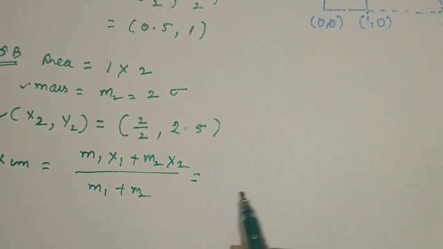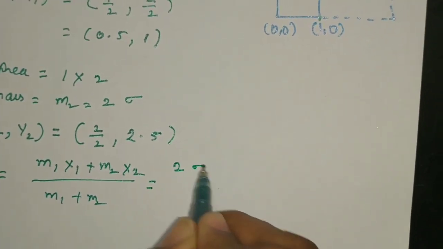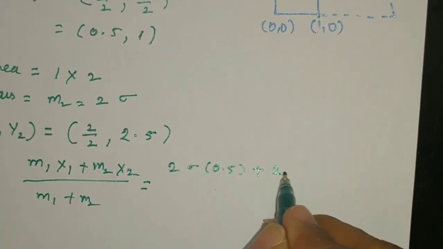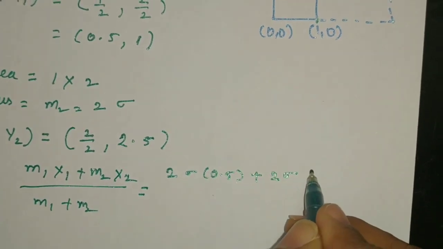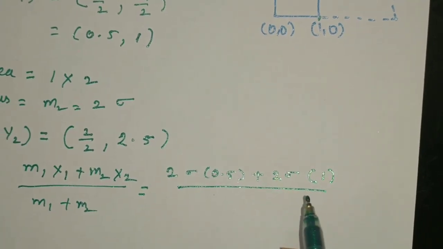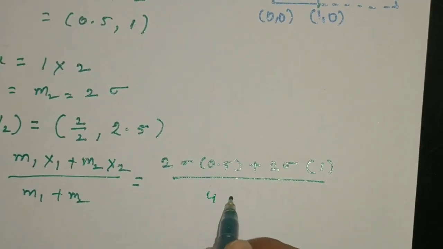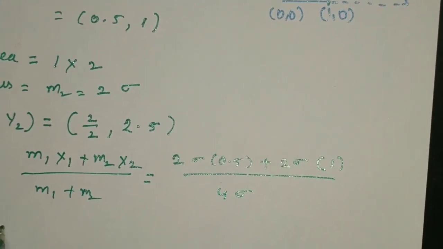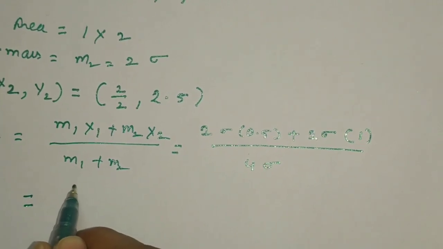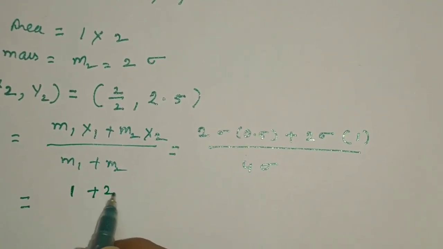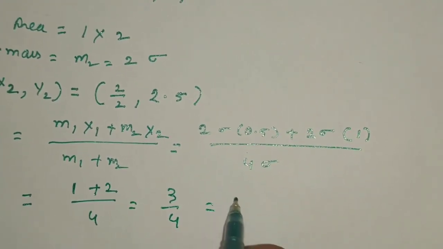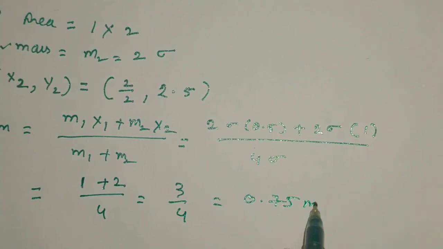This is equal to 2 sigma into x1 is 0.5 plus 2 sigma into x2 is 1, divided by m1 plus m2, 2 sigma plus 2 sigma, that is 4 sigma. Sigma gets cancelled, 2 into 0.5 means 1, plus 2, divided by 4, that is equal to 3 by 4, that is 0.75 meter, the x coordinate.